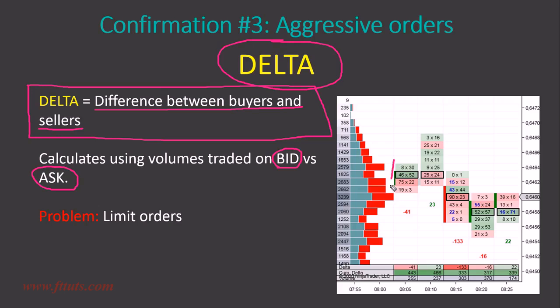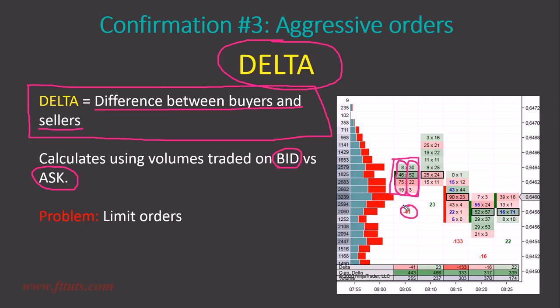So if you look, for example, at this footprint, then the sum of all those numbers minus the sum of all those numbers is minus 41. This means that there are more aggressive sellers than aggressive buyers.